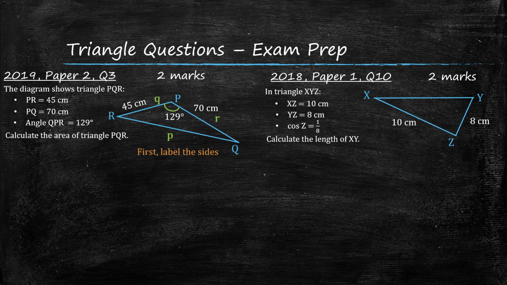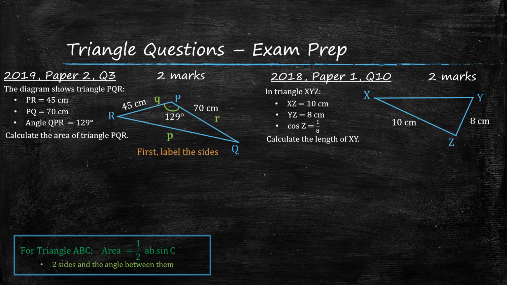Now we want to calculate the area of this triangle. The trig formula to calculate the area of a triangle is a half ab sine C, and we need 2 sides and the angle between them.